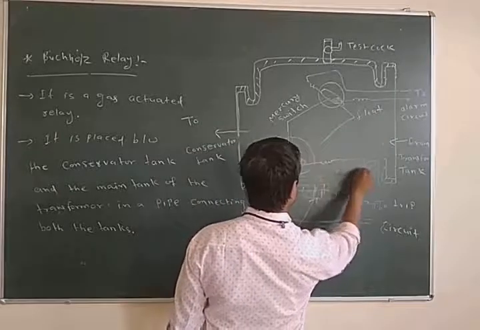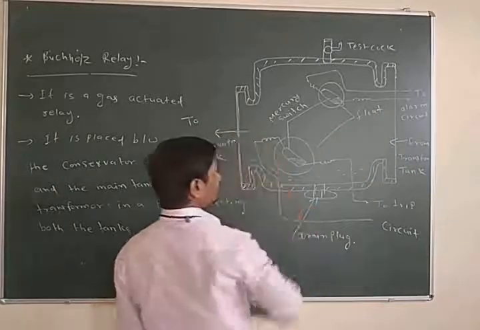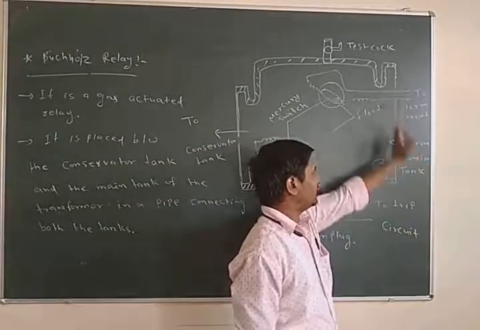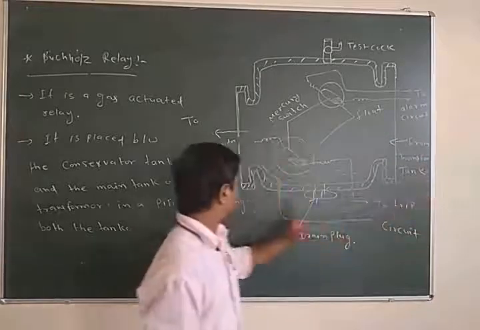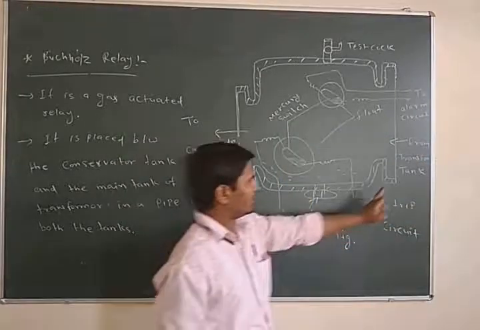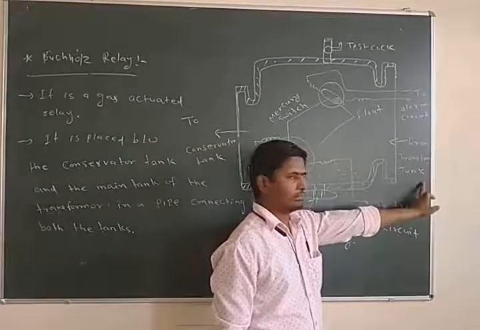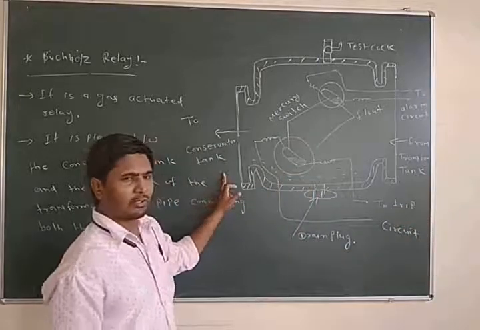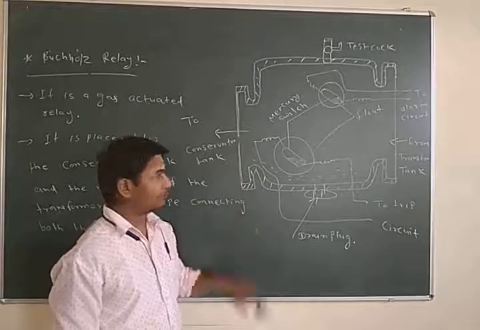Oil is also filled in this relay. Now, a pipe connects both the main tank and conservator tank. On one side we connect the main tank, and the other side is connected to the conservator tank.